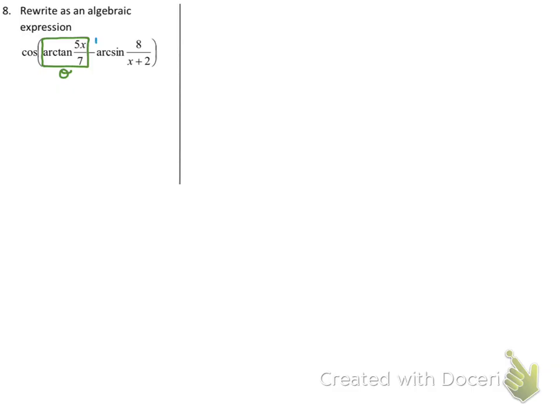Then I'm going to take this arc sine of 8 over x plus 2, and I'm going to call it alpha, and I'm going to draw it in a picture. So I'm going to make these exist.